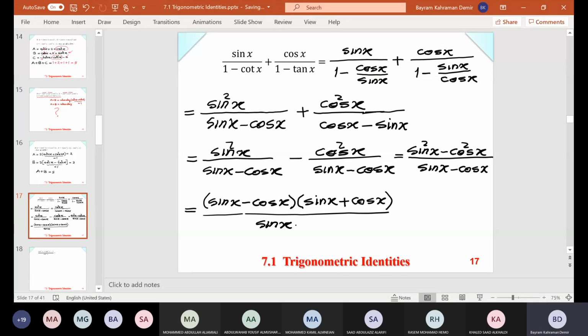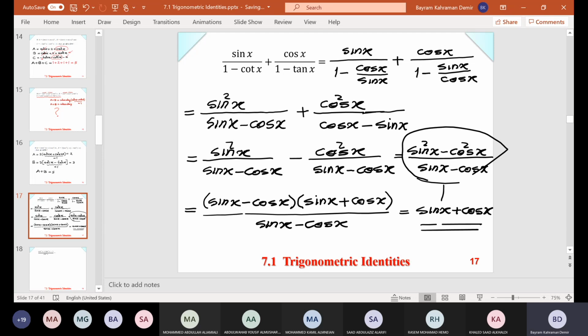Of course, in the exam you should see these steps without writing. Just do these steps in your mind, imagine, and then write the solution immediately. It is sine x plus cosine x. This result you should see from here.